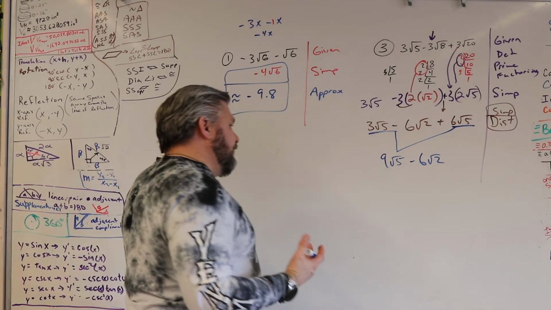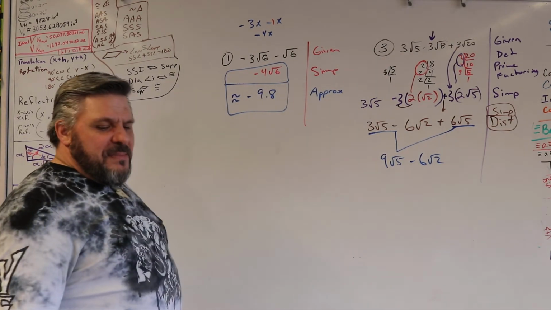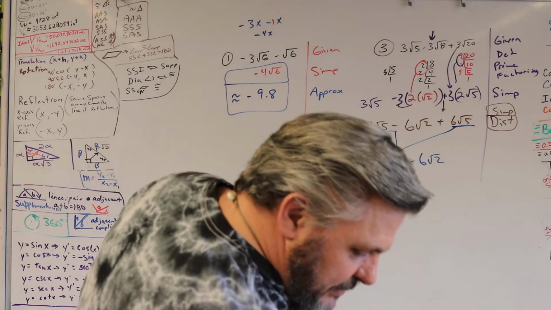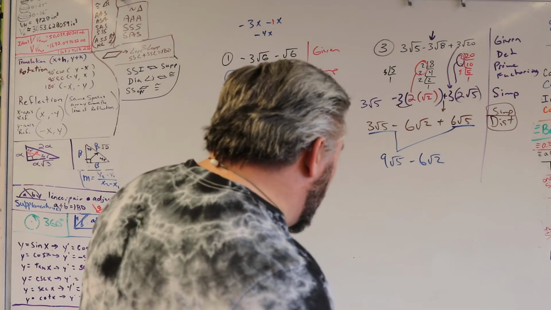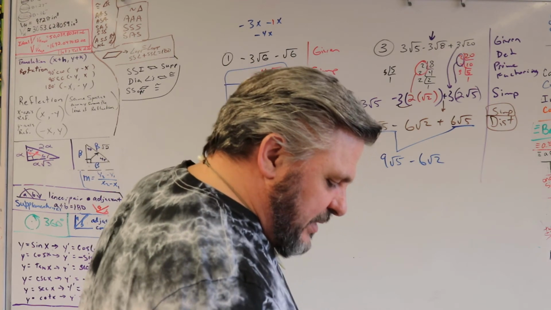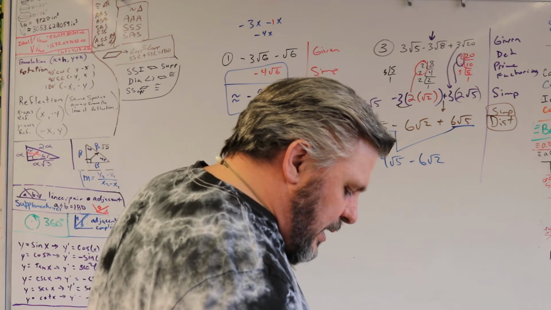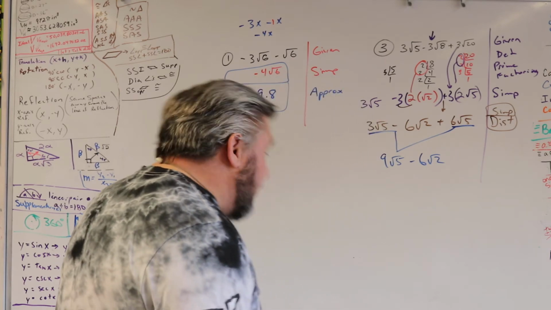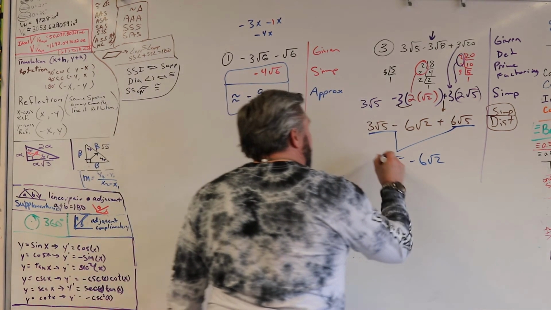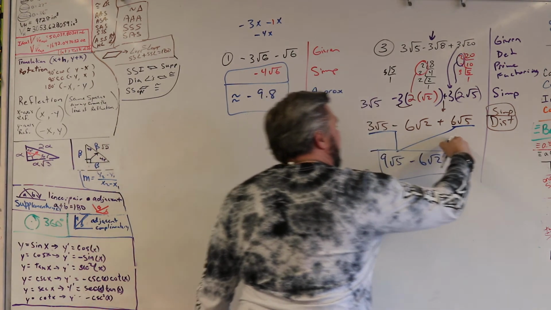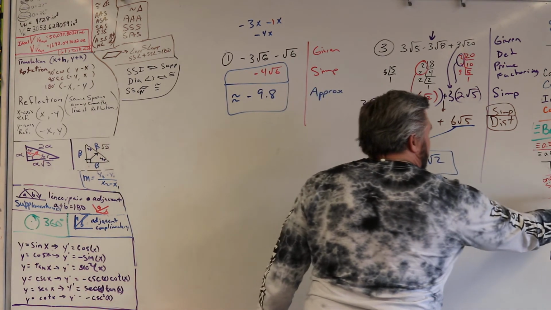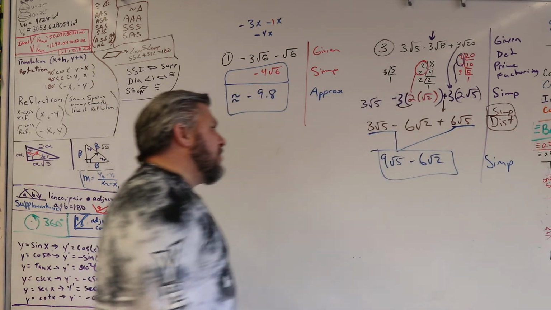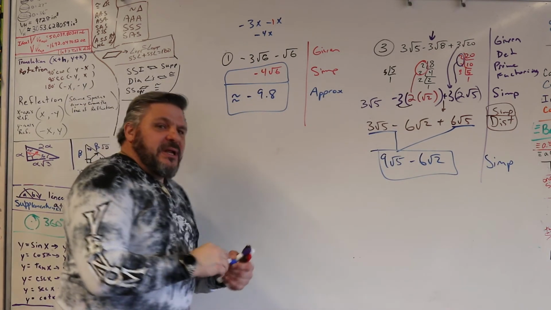Now, I don't think it really matters which one you have first. What is your answer in the back? I mean, you could put the square root of 2 first because it's a lower number. They have 5 coming up first, so it doesn't matter. So we're good to go. So this is their answer. How did we get there? Again, simplify. We added them, right? So it's a pretty easy concept.